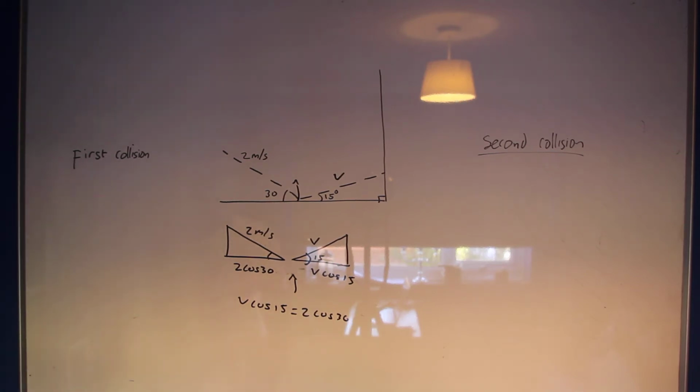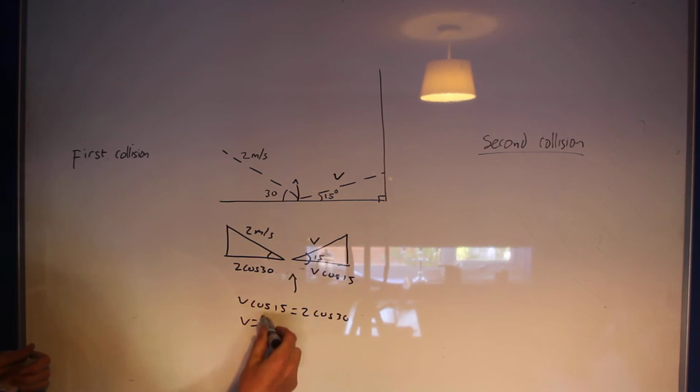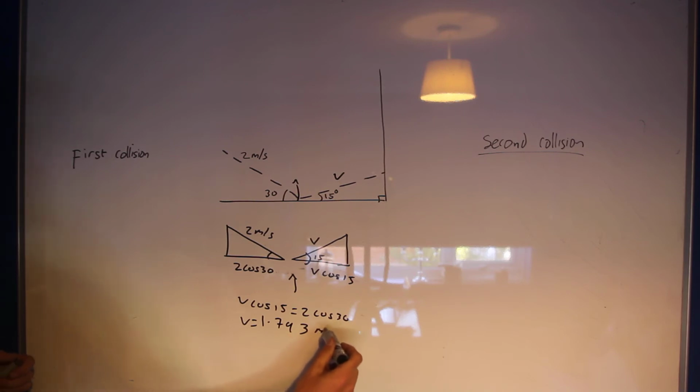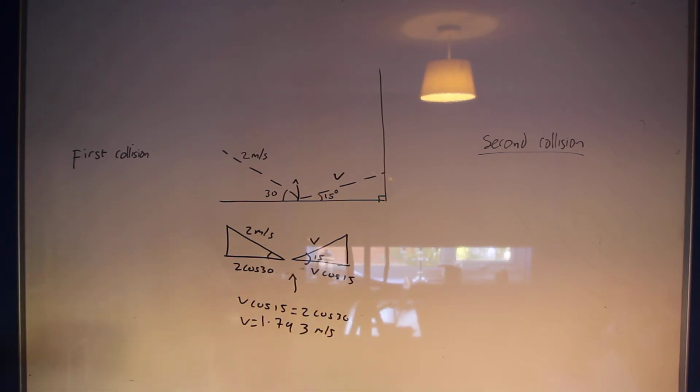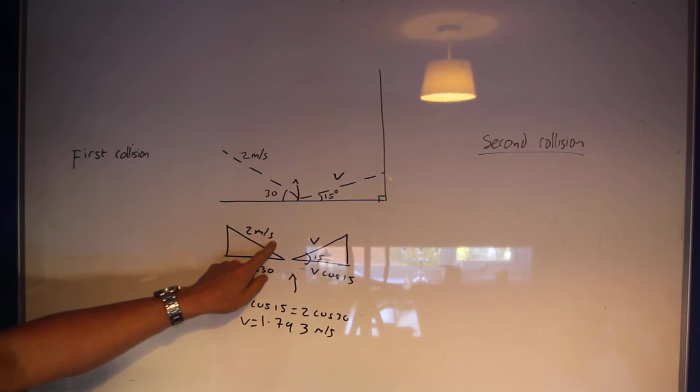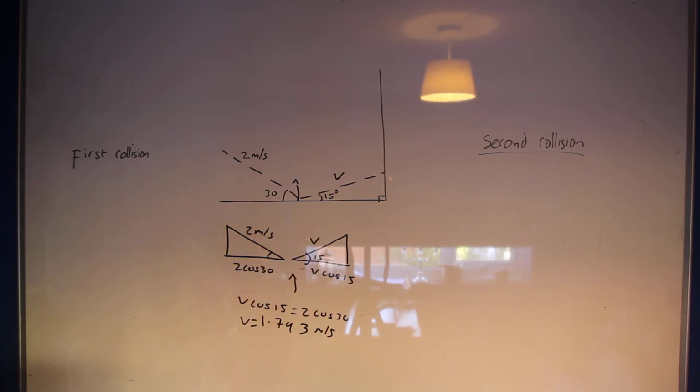Okay, so if you do that, you get 1.79. So V is 1.793 meters per second, which is actually what we'd expect, right? Because this was 2, and now we have V. Alright, so that's part A taken care of.